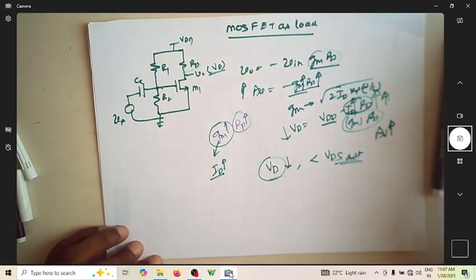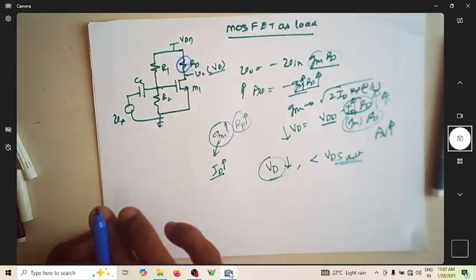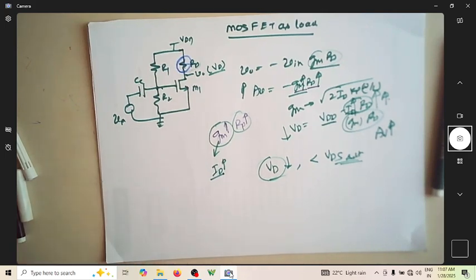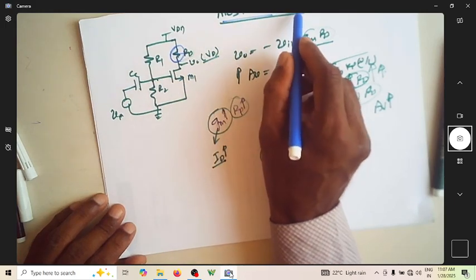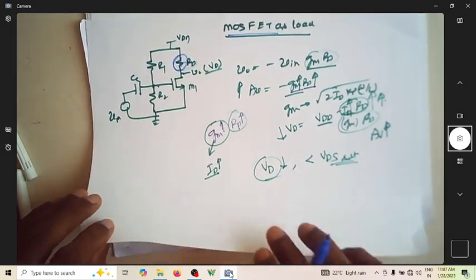So what we have to do is replace this RD by something which will have a larger resistance but doesn't consume voltage. That's why we will use the MOSFET itself as the load to get larger gains. So that is the analysis.